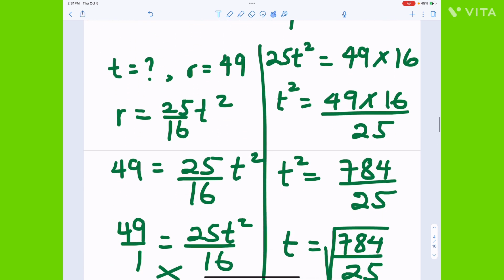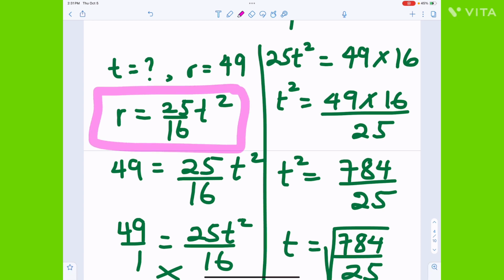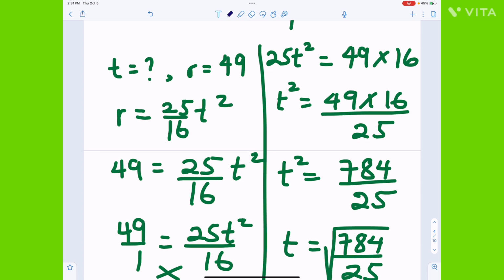Now the question says find t when r is 49. Write the relationship first. R is equal to 25 over 16 times t squared. So what does that give us? We are looking for t when r is 49. So 49 is equal to 25 over 16 times t squared.